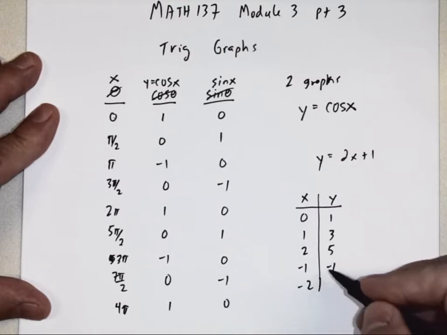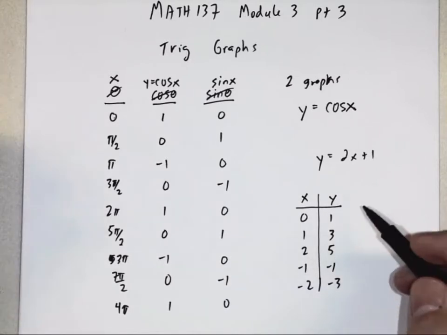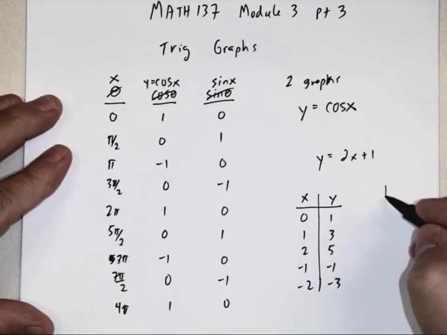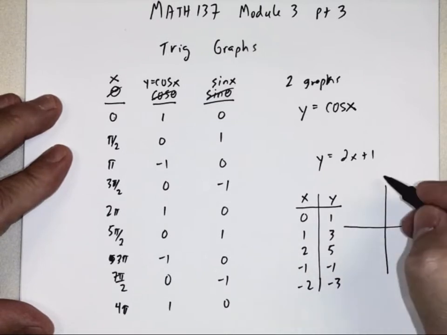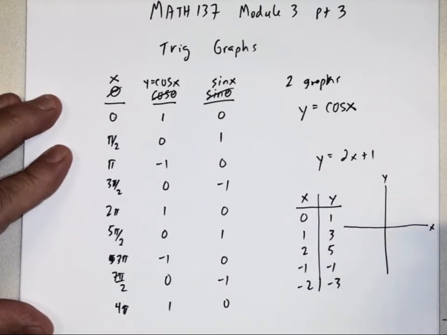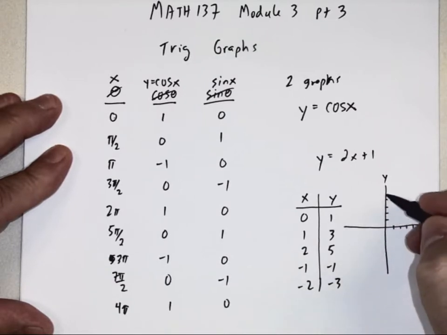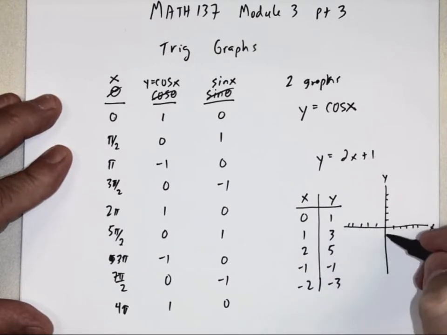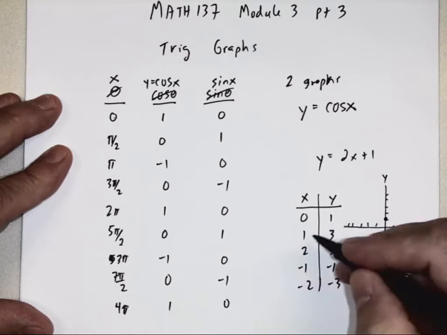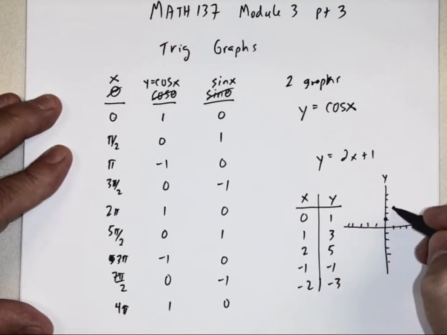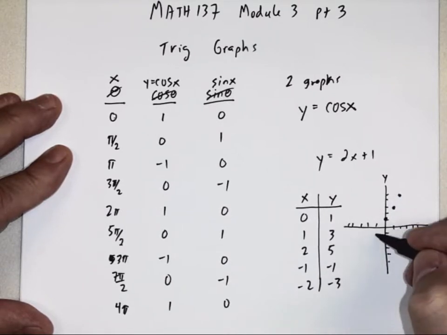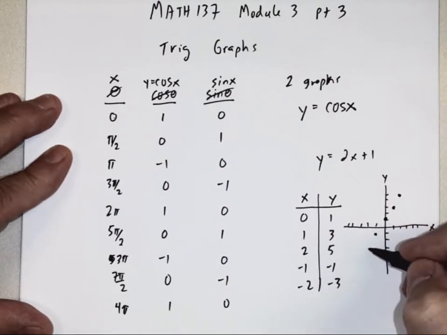If x is negative 2, right? And then we could go and graph these points, right? 0, 1, 1, 3, 2, 5, negative 1, negative 1, negative 2, negative 3.